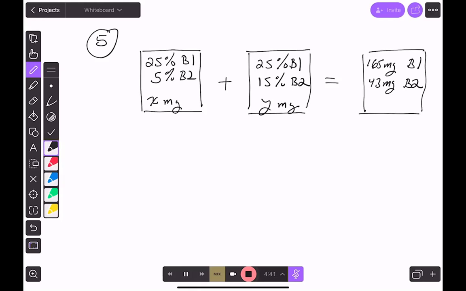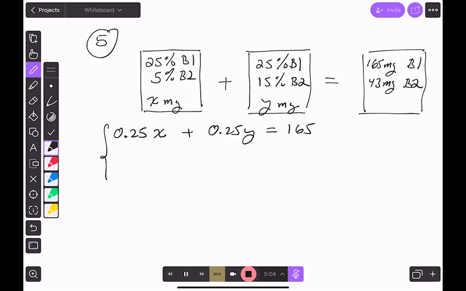I'm going to say 25% of X milligrams is B1, and 25% of Y, these are in milligrams, is going to be B1. So B1 plus B1 is going to equal the final, which is 165 milligrams of B1.